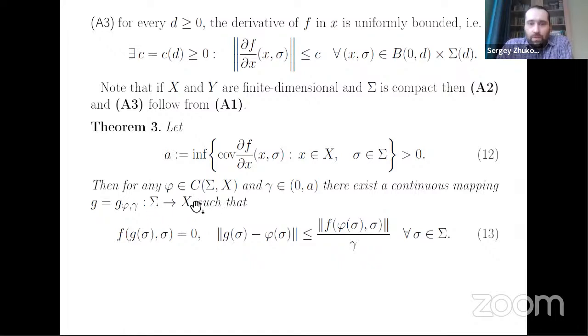Under this assumption, for every continuous function phi, there exists a closed implicit function g defined on the entire space sigma, and closed means that the inequality in Formula 13 holds. This is the global version of the implicit function theorem, and under additional assumptions, we can also obtain the uniqueness of this implicit function.